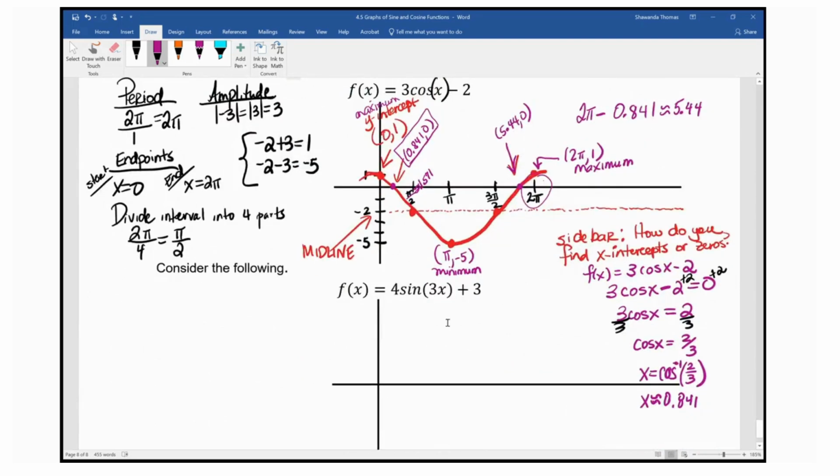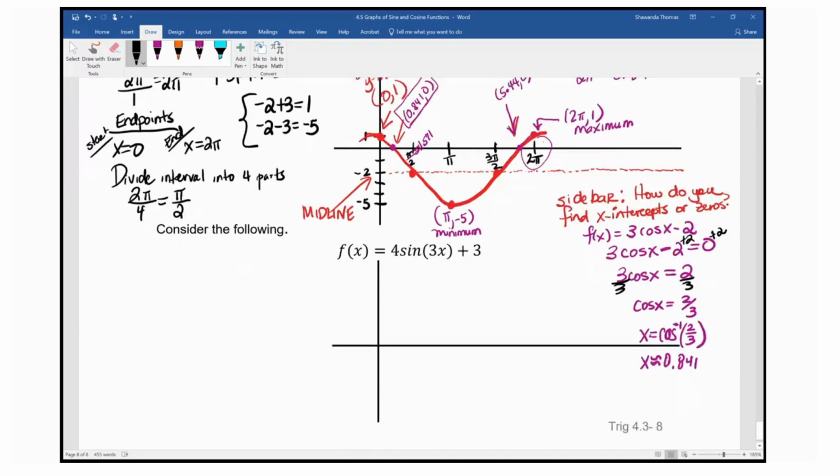Do we have vertical shifting? We do have vertical shifting. That's from that last little part hanging out, not connected to the sine. Are we shifting up or down? Up 3 units. Great. So we're not going to be on the x-axis anymore.